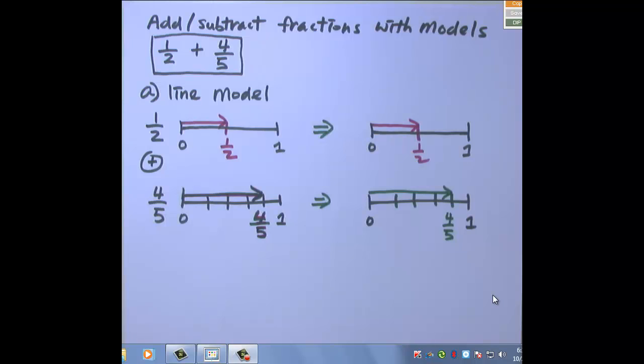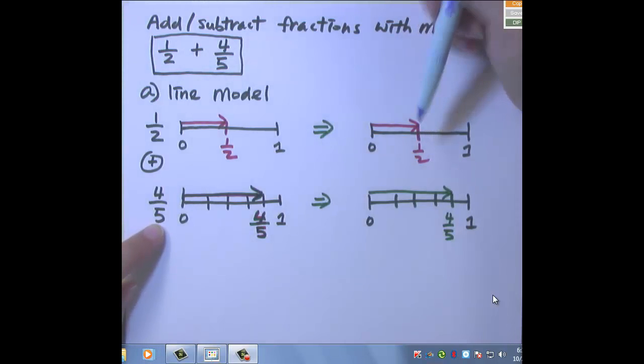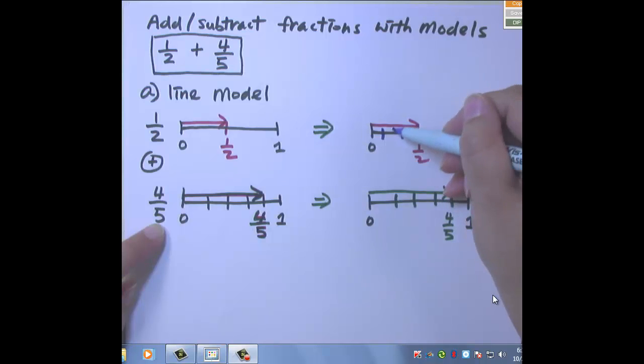And we are going to try to make this as equivalent fraction by dividing each unit on the top fraction based on the denominator of the second fraction. So between 0 and 1/2, we will divide that into 5 equal parts. And between 1/2 to 1, we will divide that into 5 equal parts.